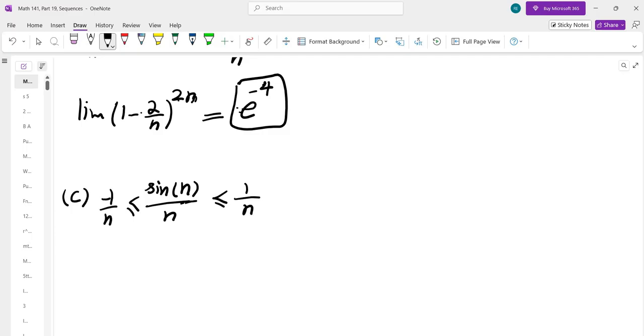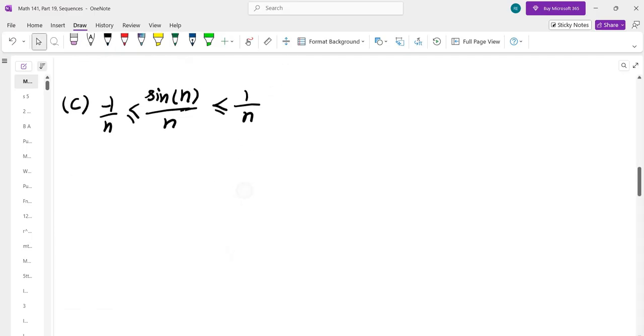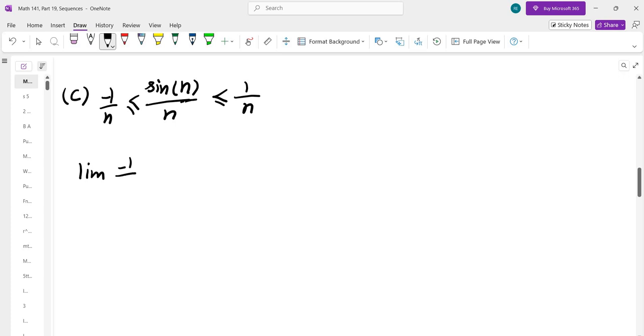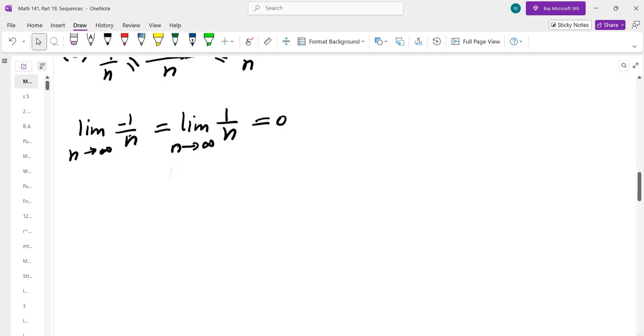Well, we can squeeze this function between two functions, between negative 1 and 1, and both of those are over n. So now we know that the limit of negative 1 over n and the limit of 1 over n are both 0. So then we can apply the squeeze theorem and say that the middle one would have to be 0 as well.